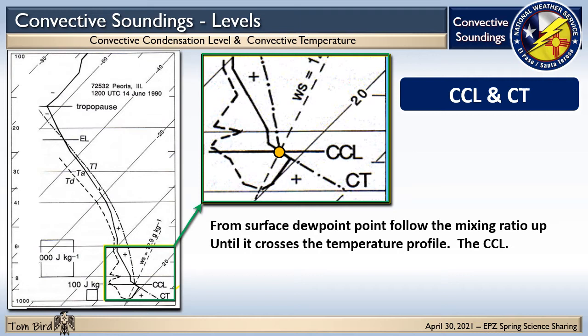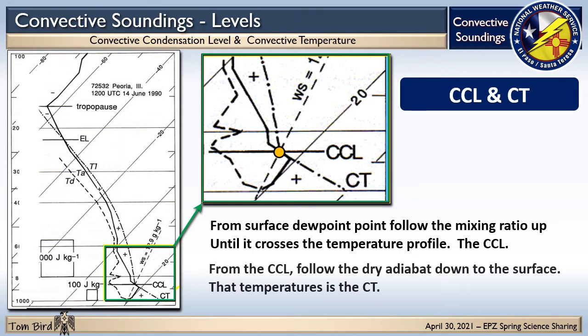If you want to know the convective temperature, at which you'll start to see the formation of convective cumulus clouds, you just follow the dry adiabat from that point at the CCL down to the surface and read the temperature. That gives you the convective temperature, and that's useful later in the day because it gives you an idea of what time of day you're going to hit that temperature. So you'll know when to start expecting the development of cumulus and towering cumulus if you have the moisture available.